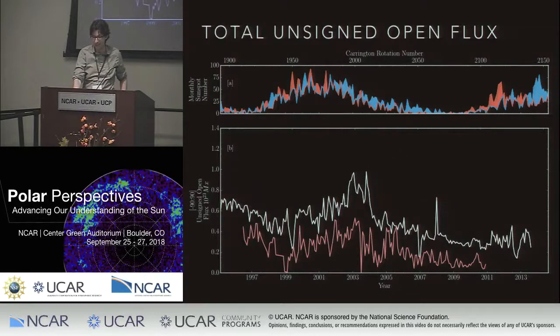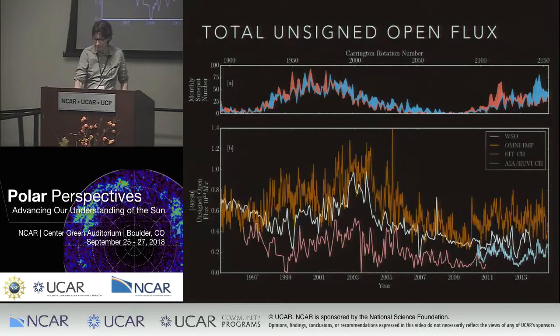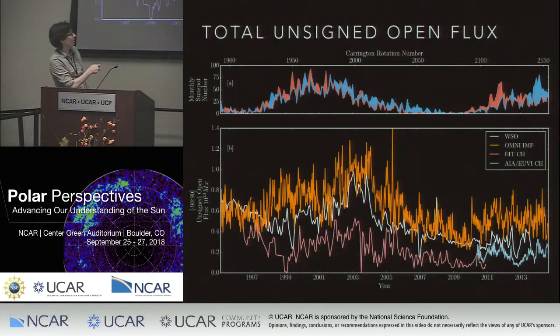It's a lot less than what we'd expect from our model. If we then take our AIA and EUVI data, that's the blue curve here, it does jump up a bit closer to what we'd like to see with our model, but not quite far enough. And if we take basically OMNI data, so we're taking it at 1 AU, assuming a nice uniform sphere, and converting that into an open flux, we end up with the orange curve, which again is a bit higher than everything else, but that was something I never had time to go back and take a look at.